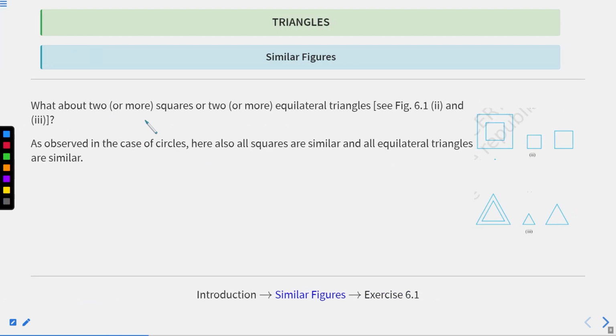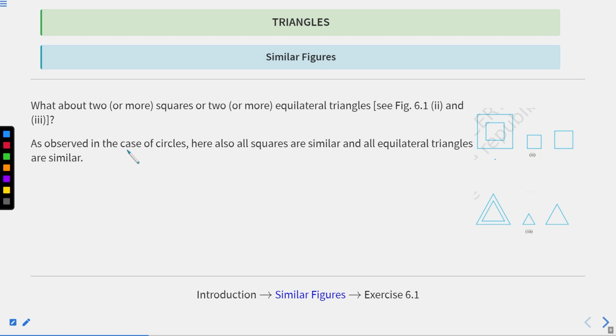What about two or more squares or two or more equilateral triangles, as seen in figures 6.1, 2 and 3? Here two or more squares are shown, and in these figures we have two or more equilateral triangles. We have asked what you can say about them.